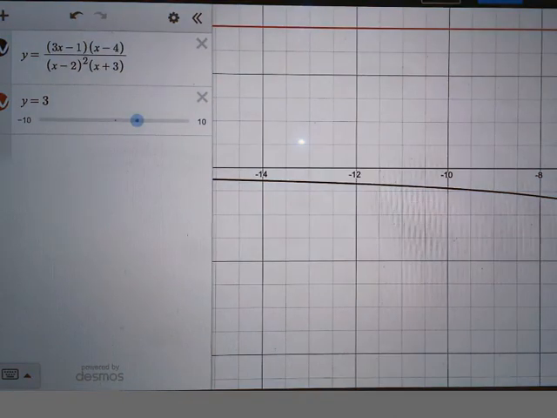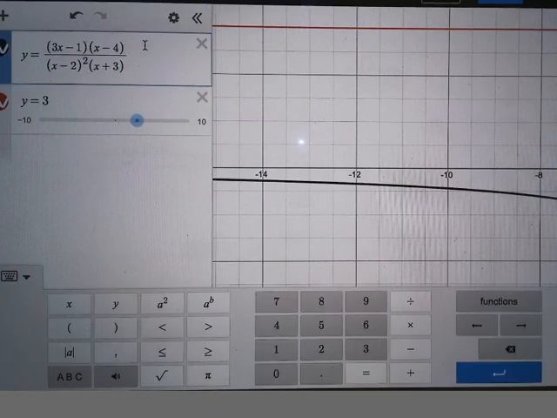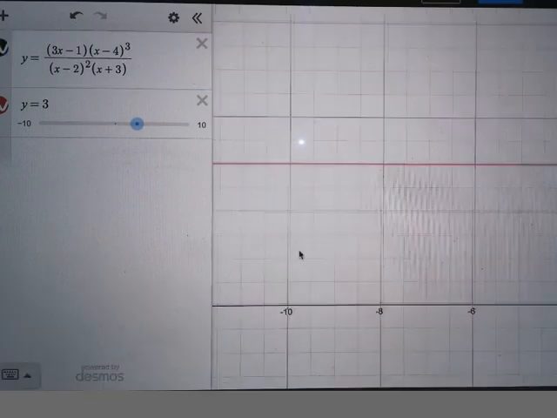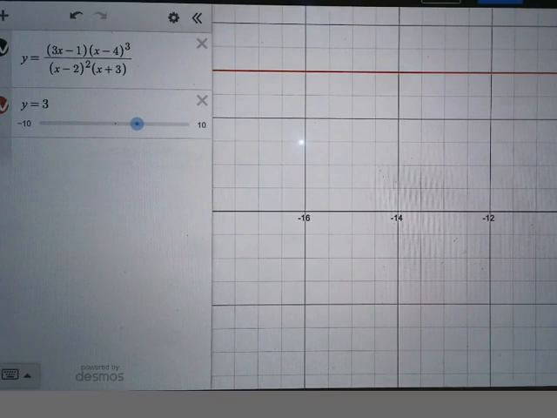Now, what happens if the numerator gets to be a higher degree than the denominator? So I'll just cube that one actually, to the third. Now let's take a look at this graph.